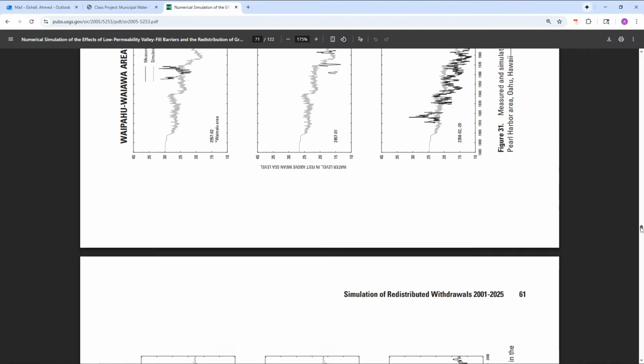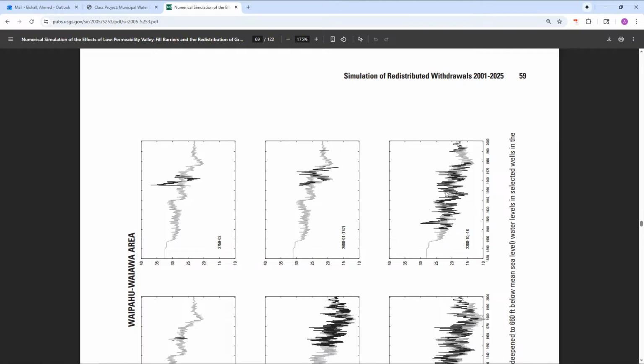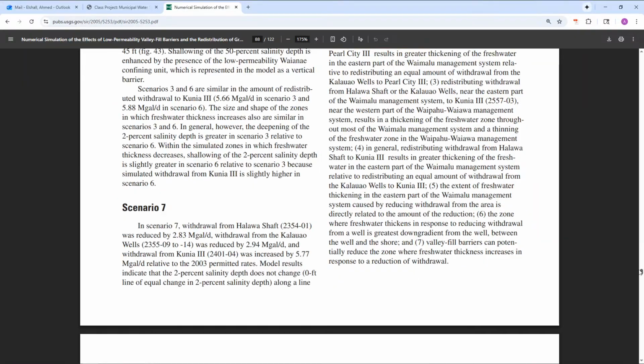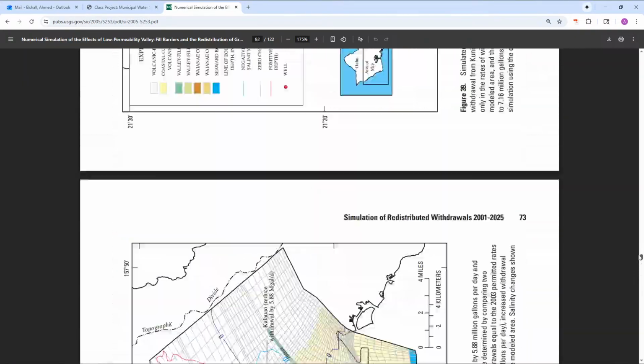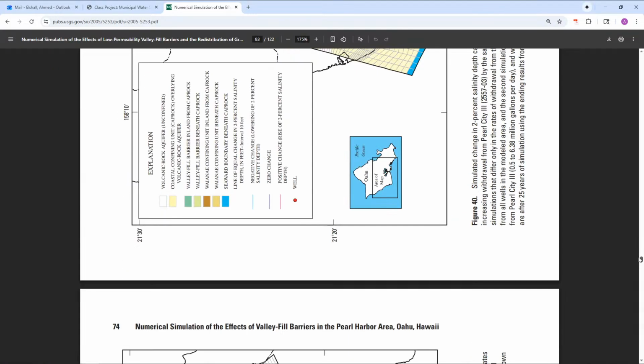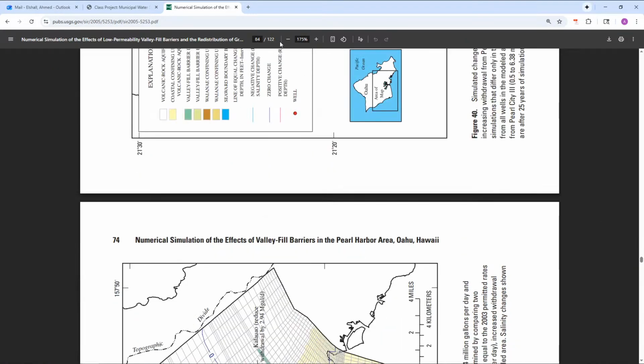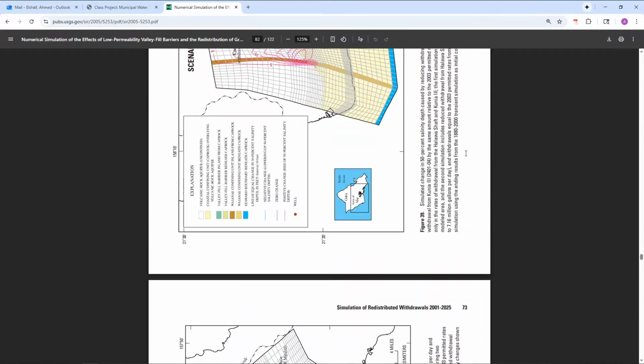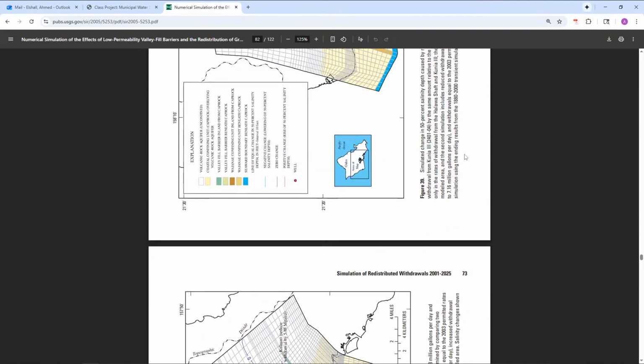But anyway, here again simulated head versus observed head are plotted, and so on and so forth. Then you keep going with your model until, at the end, the purpose was to test a different water redistribution scenario.